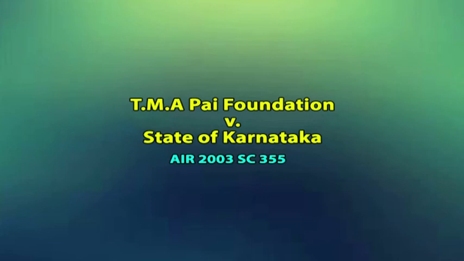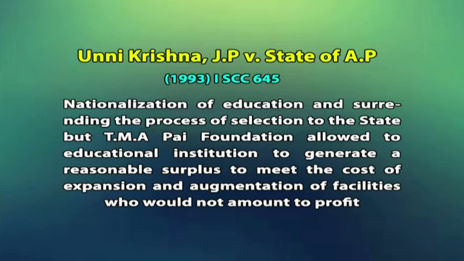To satisfy the new trend of liberalization, privatization and globalization, the judiciary in TMA Pai Foundation v. State of Karnataka has overruled the view of Unni Krishnan on nationalization of education and surrendering the process of selection to the state, but TMA Pai Foundation allowed educational institutions to generate a reasonable surplus to meet the cost of expansion and augmentation of facilities, which would not amount to profit.